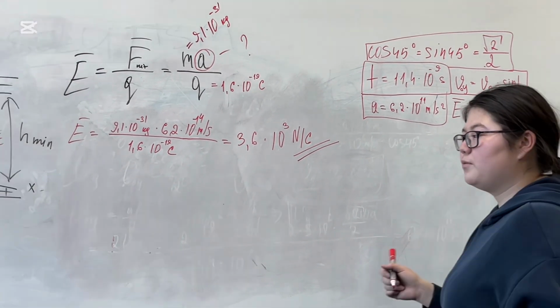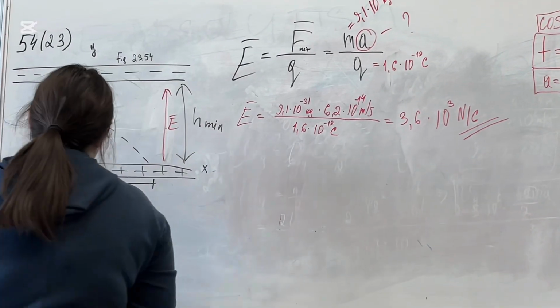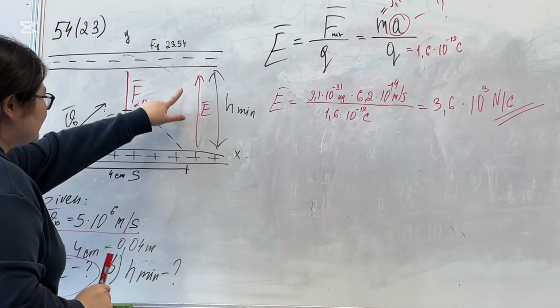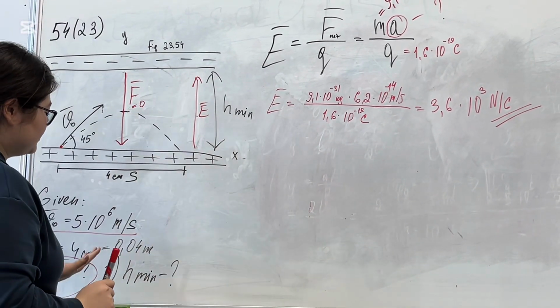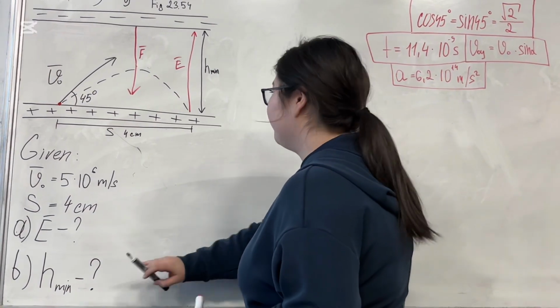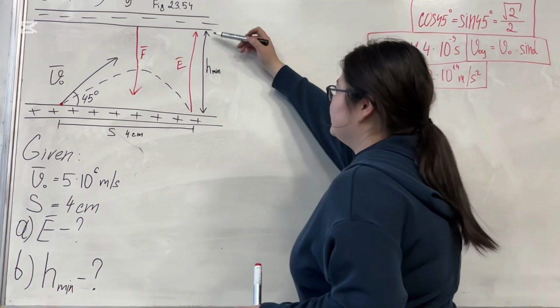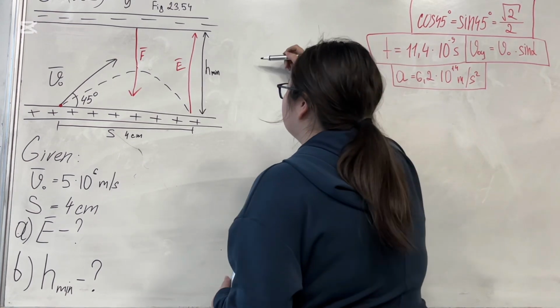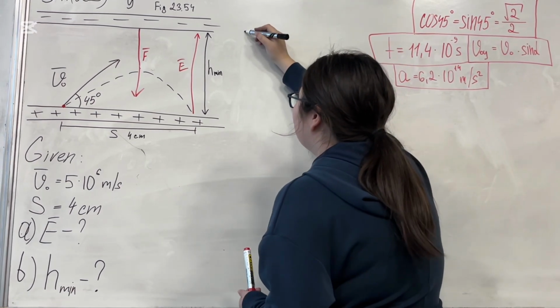Now let's see what we have to find next. We have to find the smallest distance between the two capacitor plates. Okay, let's find the H minimum. Here, it's the distance between the two plates. Let's use our basic knowledge of mechanics.